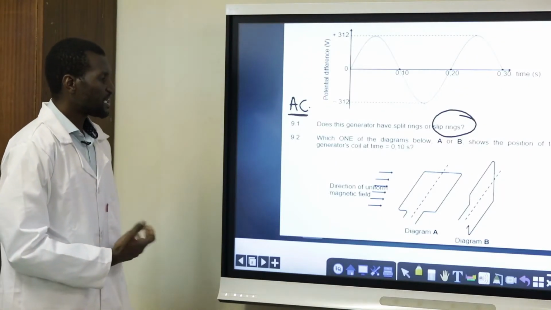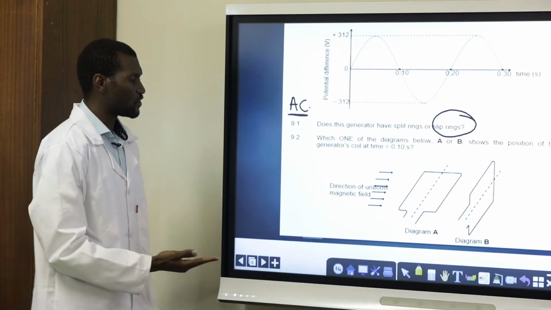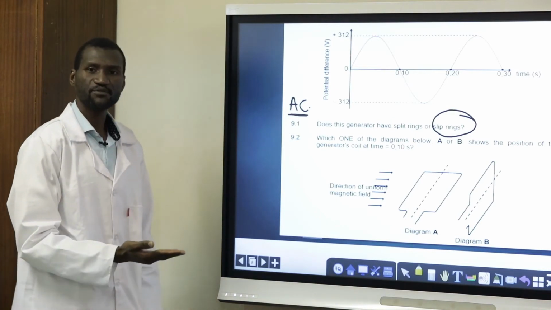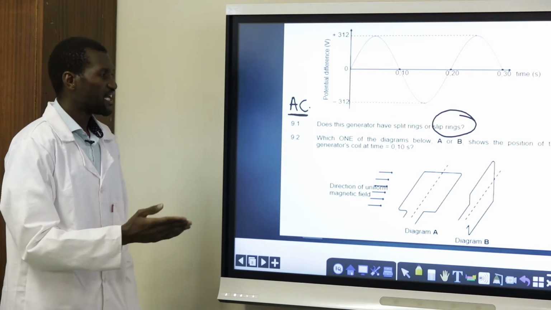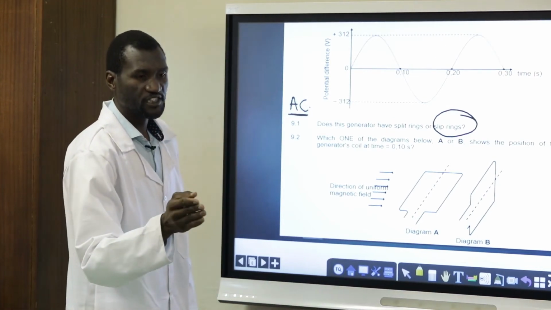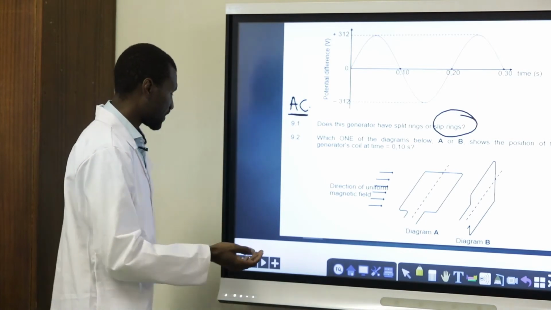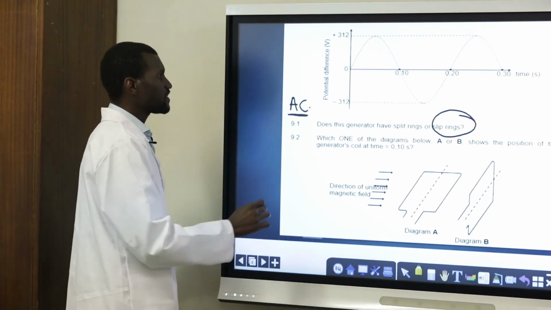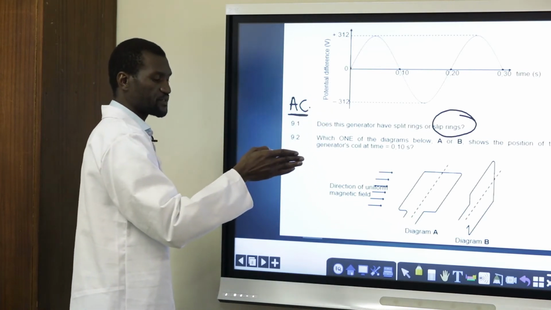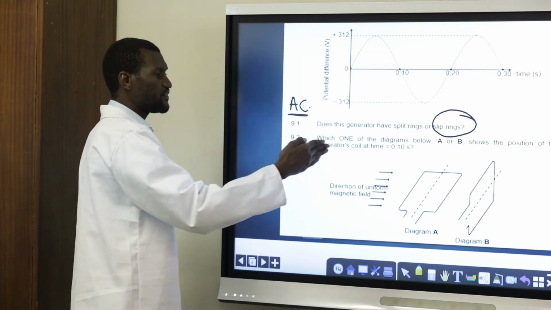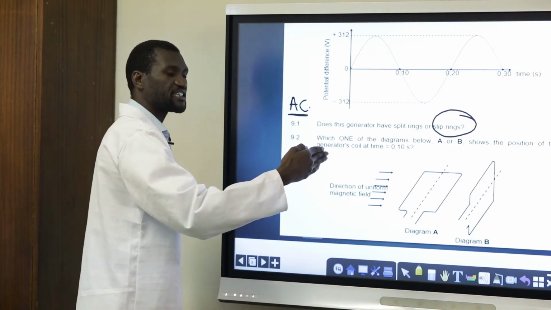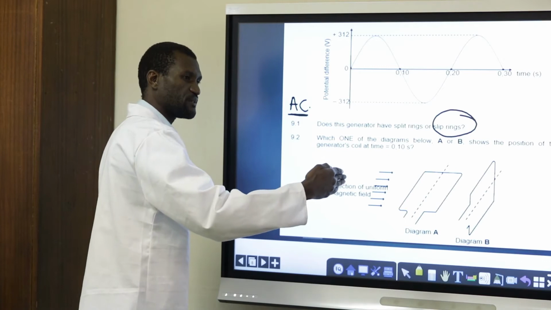All right? Now, what happens with Faraday's law is that we have got the production of EMF as the coil is moving within the magnetic flux. All right? The explanation is when it's vertical, there is actually no production of EMF.